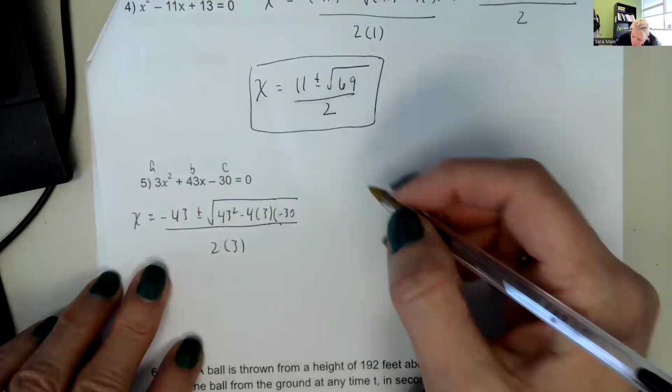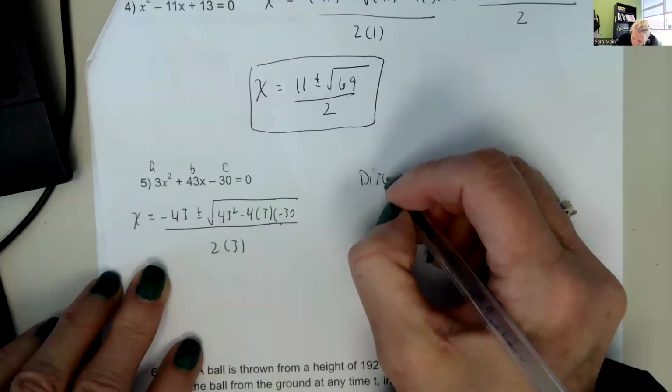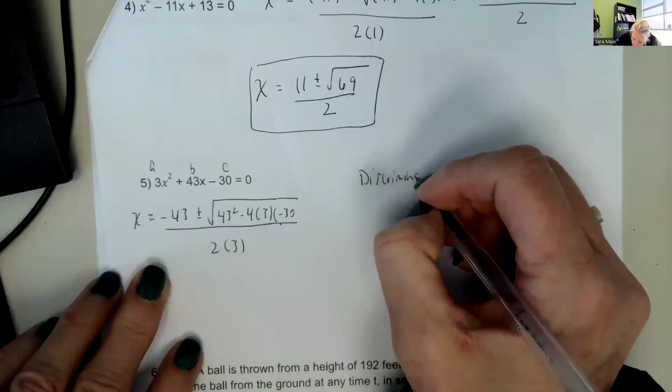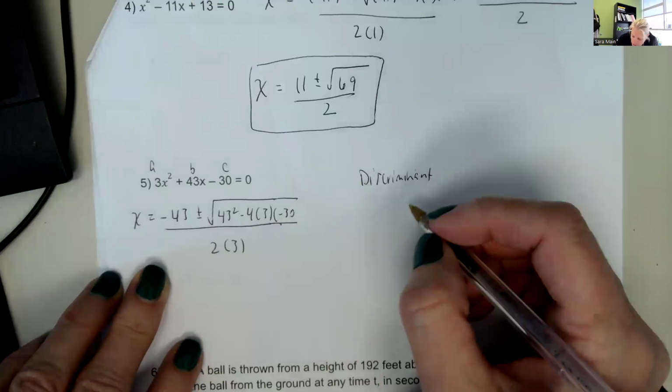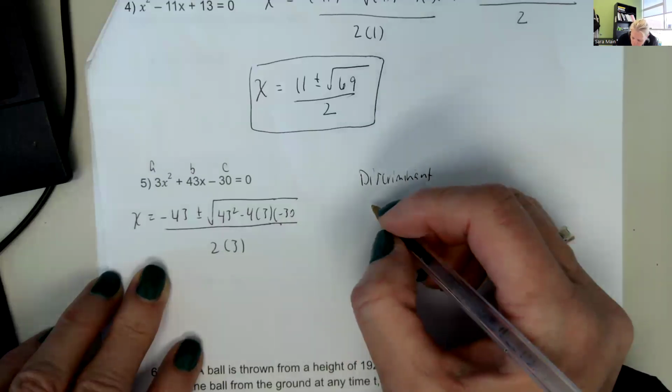Now, I'm really going to just focus on the discriminant here. We've done a couple where we solved for the actual x value, but just looking at what are my possible roots here.